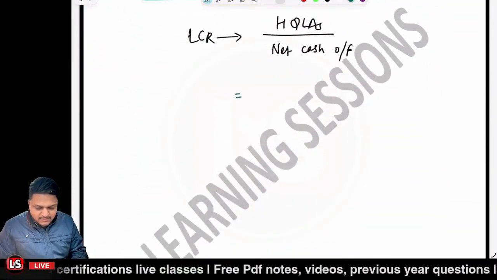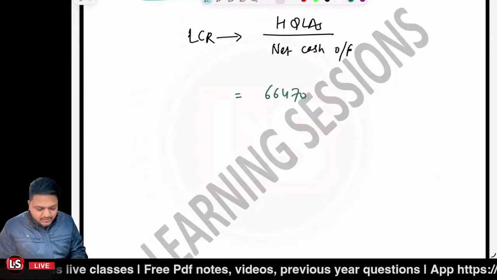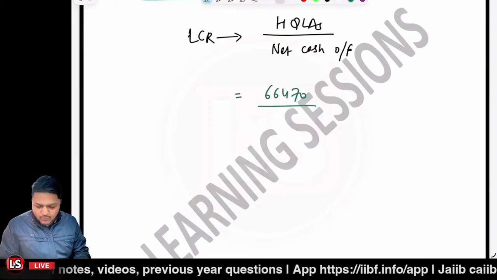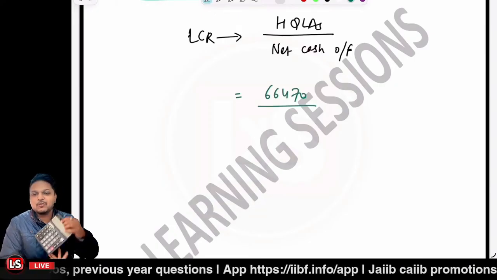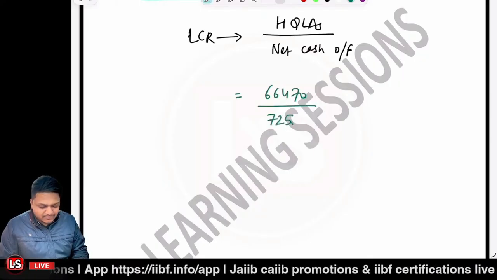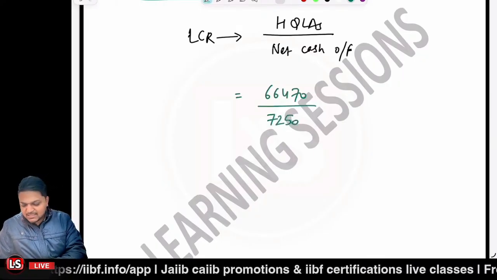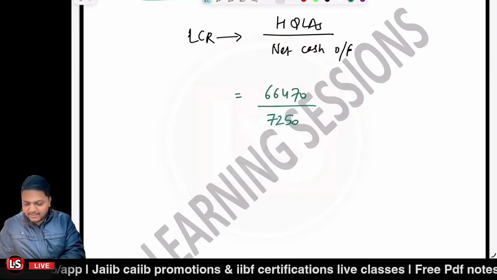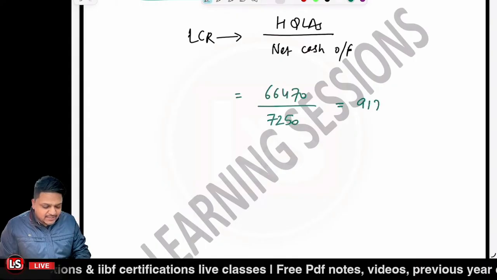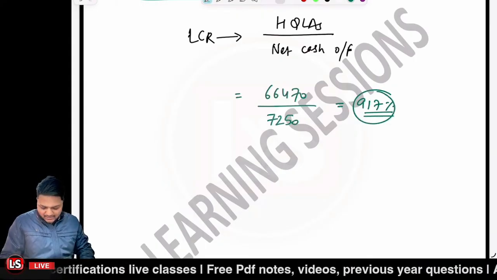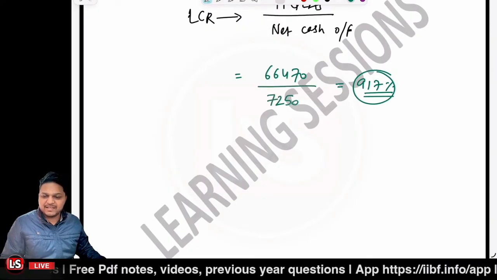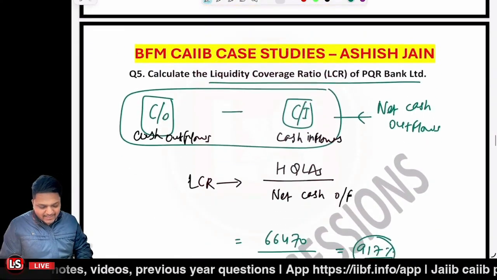So stock of HQLA is 66470, and net cash outflow was 7250. I've just mentioned it on my calculator so that I don't forget it. We have to calculate percentage. So it is 66470 divided by 7250 as a percentage. It is coming out to be 917%, right? So this is how we can calculate the LCR.